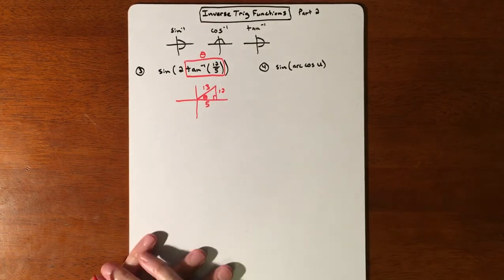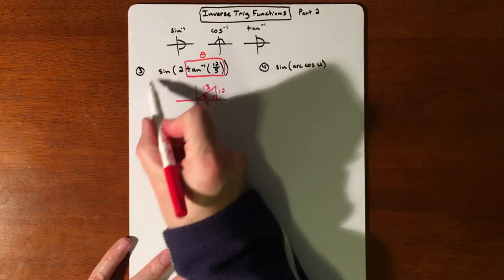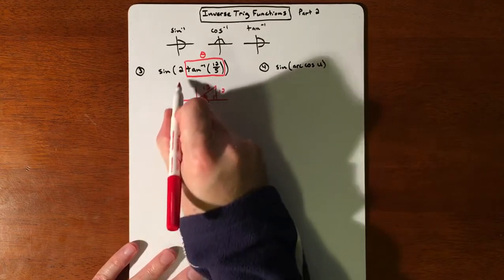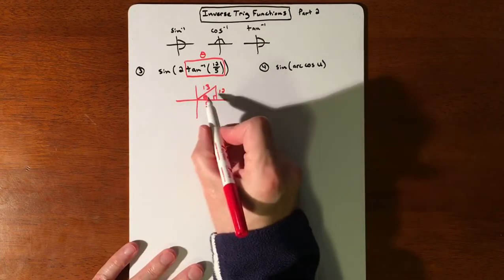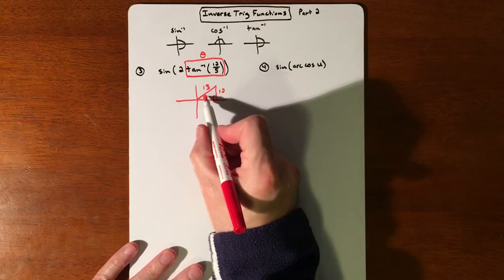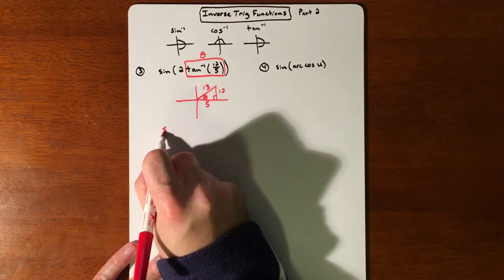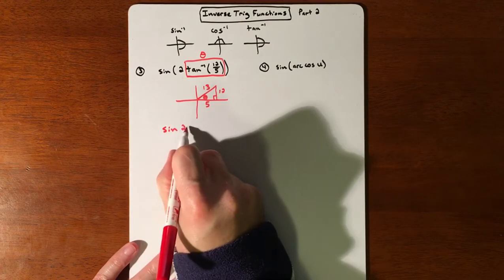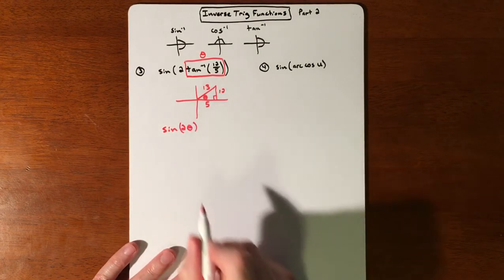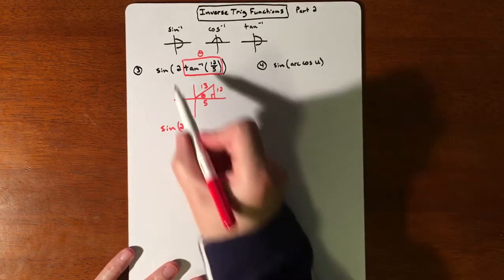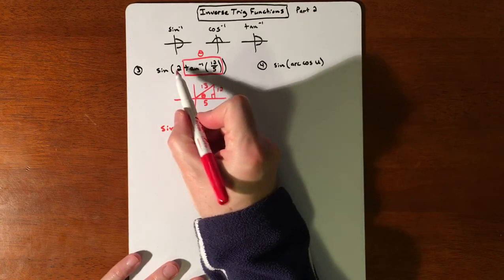Once we have that, let me rewrite where we're at, because it's a little more complicated than just doing sine of theta. It's not just 12 over 13, because really we're sitting with sine of 2 theta. So that 2 definitely comes in and plays a role.